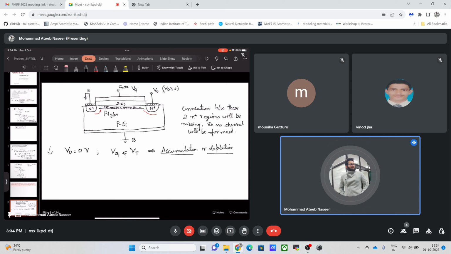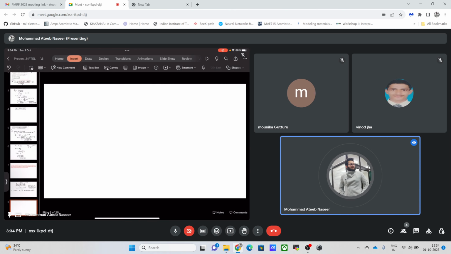If this is our interface and this was our n plus region, and this was another n plus region, this was the source, this was the drain, now we'll be having a very thin layer of this inversion charge. It would be denoted by this inversion layer simply.